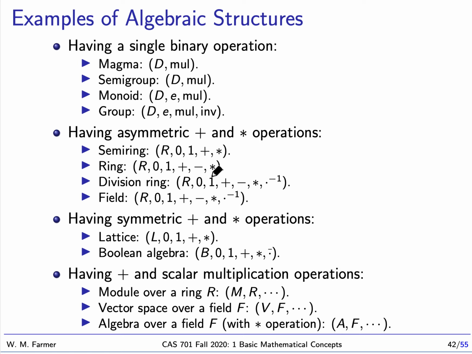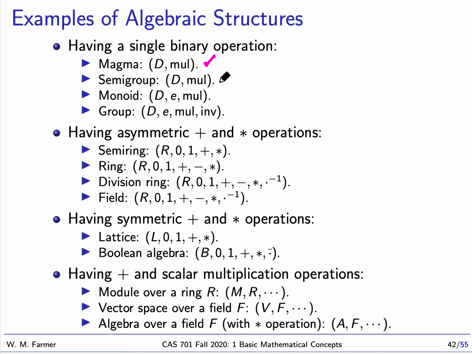So I'll mention them. A magma here is an algebraic structure which has a domain D and a binary operation which I'm going to call mul. And this binary operation need not have any other properties.